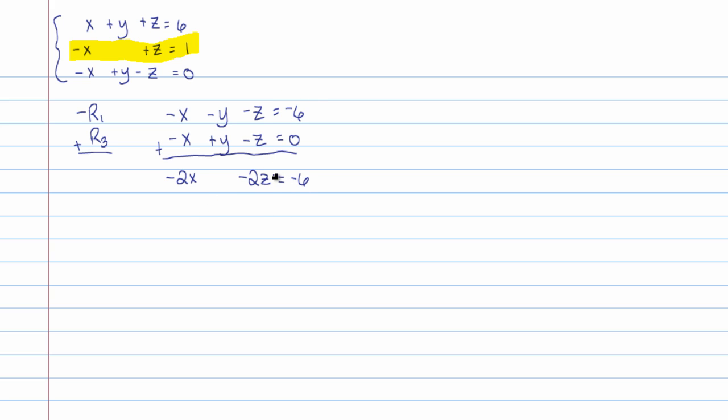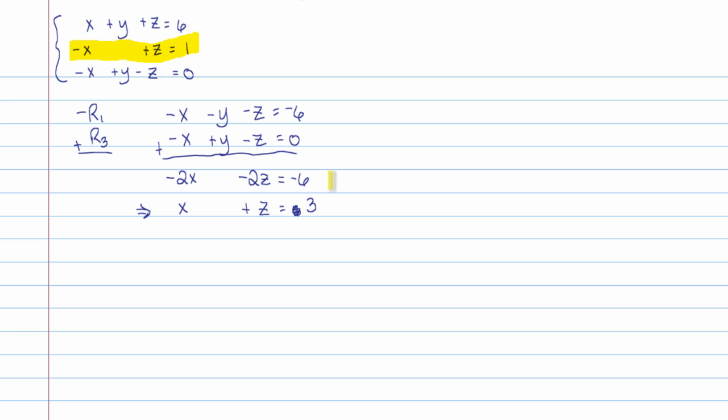In fact, I can even divide both sides of this equation by a negative 2 if I wanted to. That'll just be x plus z is equal to, oops, not 6, but a positive 3, because I divided both sides by a negative 2. Just gets a little cleaner.